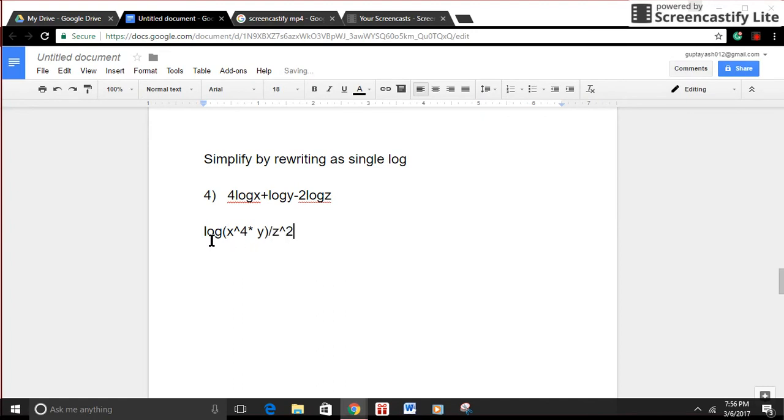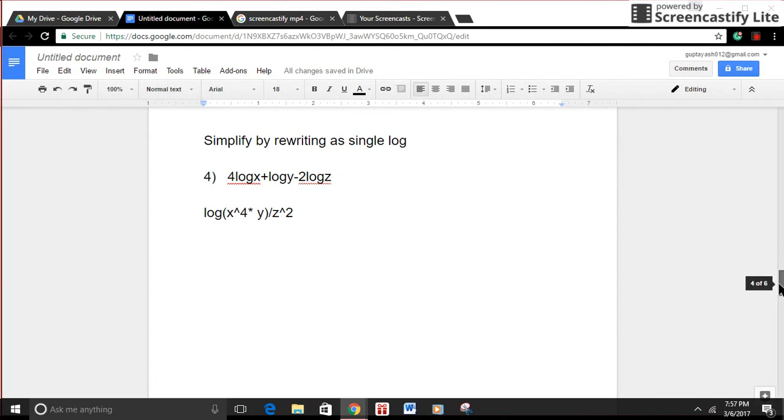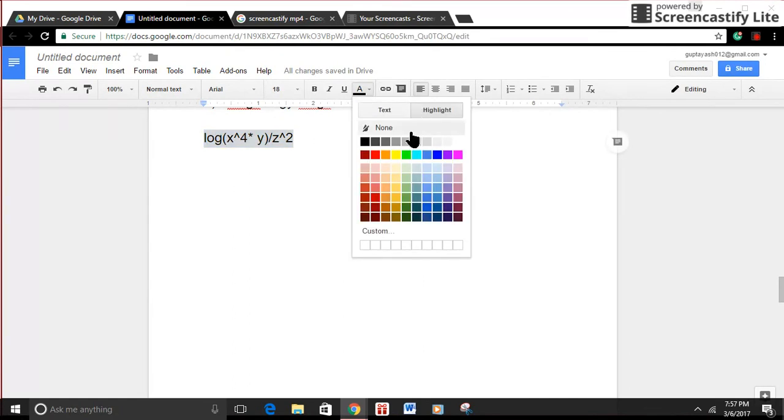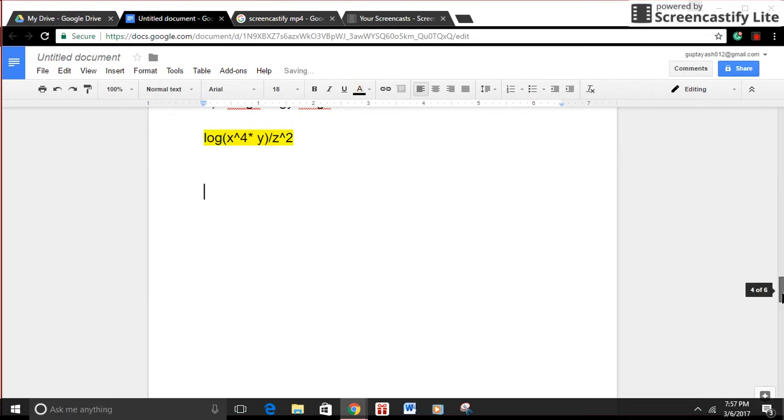Keep in mind the z squared is part of the log, but I don't know how to make it appear over there, so think of it as a fraction. I'm going to stop talking. This is your answer, which I am going to highlight below.